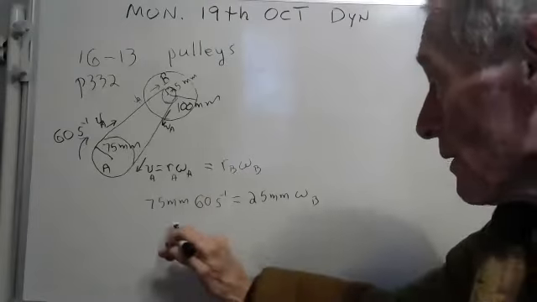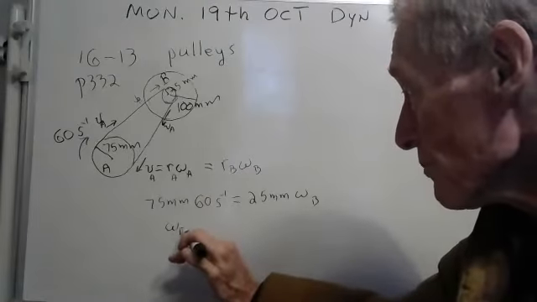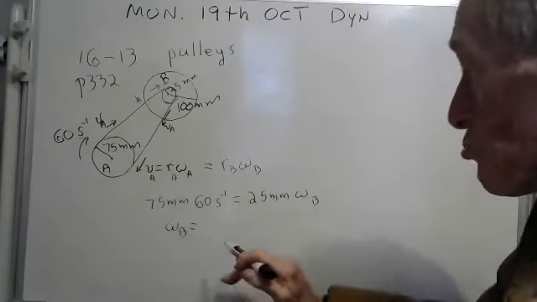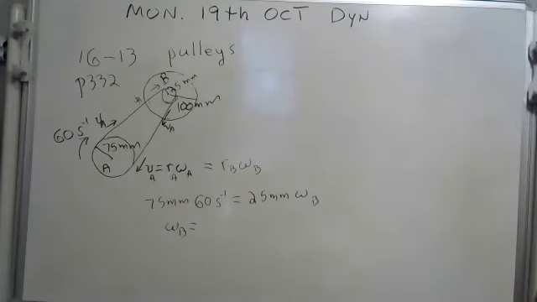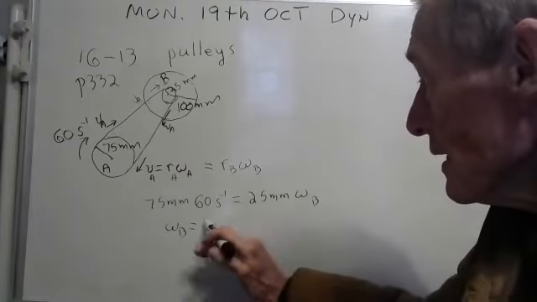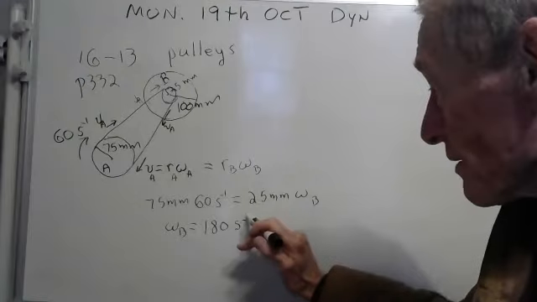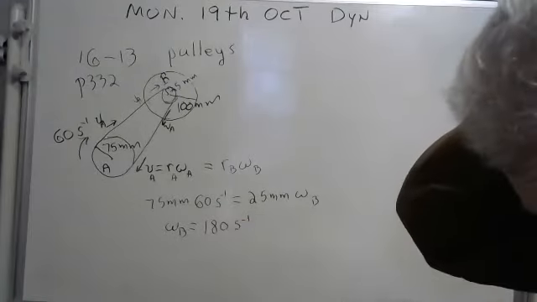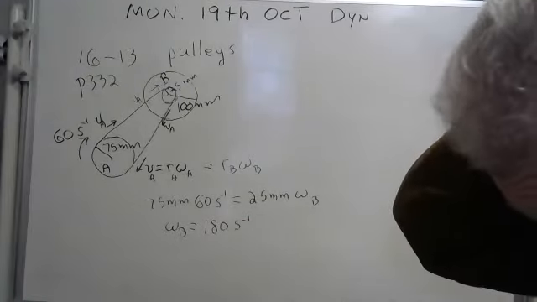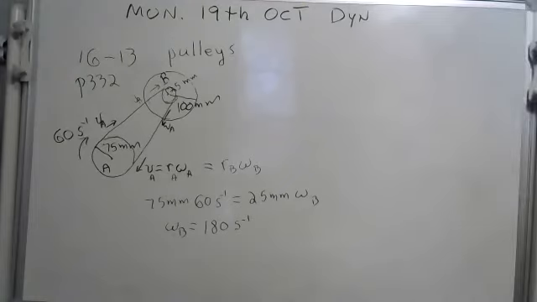So here's what omega B is going to be. Well, I can do that in my head. I'm getting 180 radians per second. You do that too, and make sure that I did that right. Yeah, I did that right.